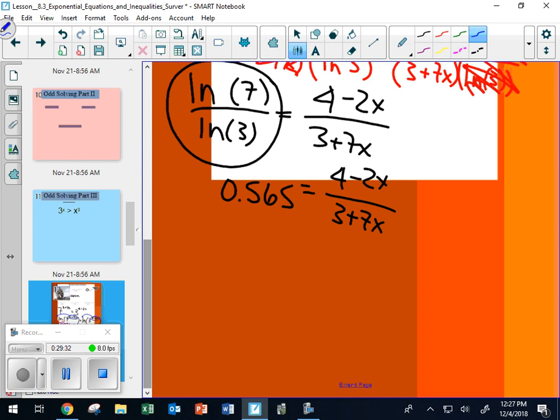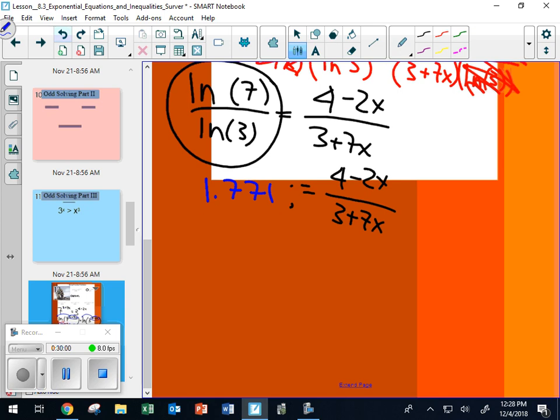This one here? Yes, not log of 7. That is very true. Okay, so this was for if you had the natural log of 3 divided by the natural log of 7. So then here should be 1.771. I apologize, I did not catch that. So if you had the natural log of 3 divided by the natural log of 7, you'll be getting a different decimal here. You'll be getting the decimal that we just had written there.